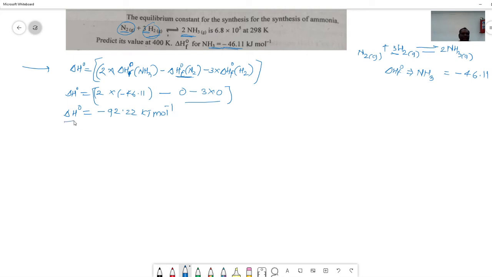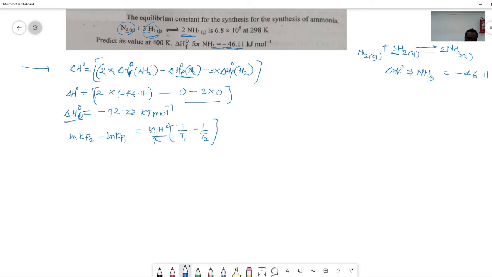This is the standard delta H0 for the overall reaction that we have calculated. Now, we have learned the Van't Hoff equation. It was ln Kp2 minus ln Kp1 is equal to delta H0 divided by R into 1 upon T1 minus 1 upon T2.